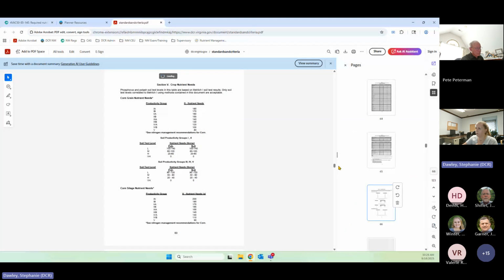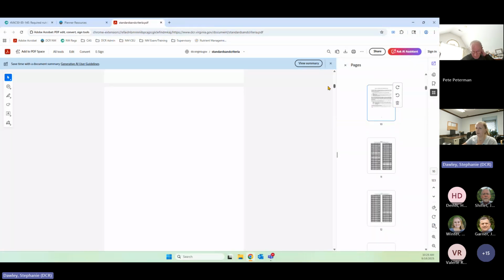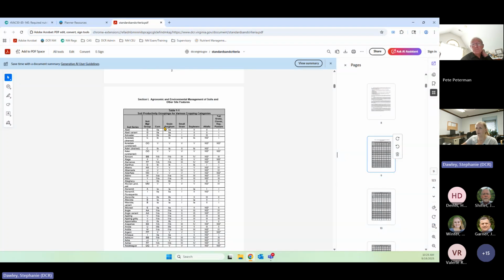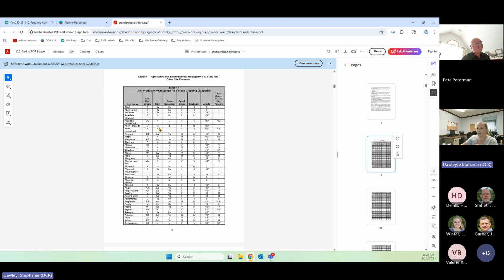So we're gonna zoom all the way back to the front here. And here is our soil productivity group. So this, as of probably 1996, I do not think it got updated in 2005 or 14, are all the soil series in Virginia.